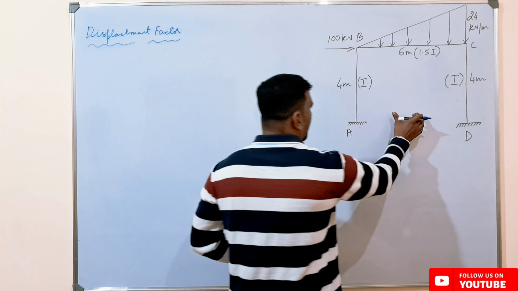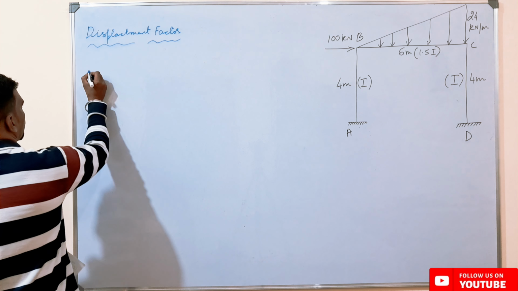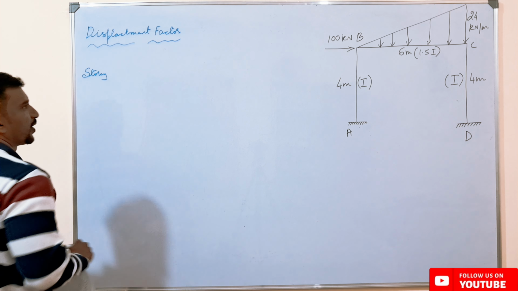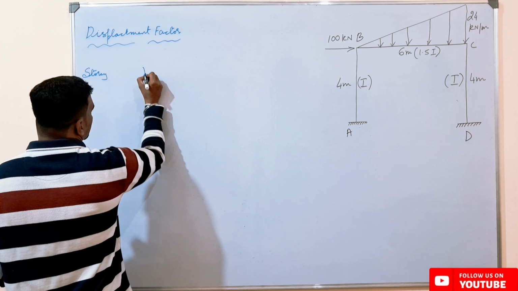So to calculate the displacement factor, we need to consider one more table over here. If you observe over here, it is having a single bay and a single story. So first will be the story, and for that particular story we need to consider the vertical members.